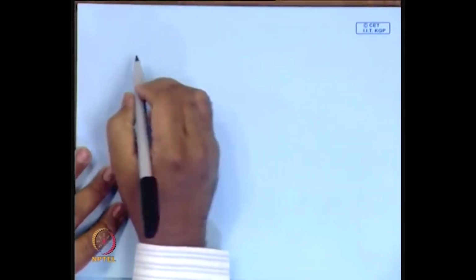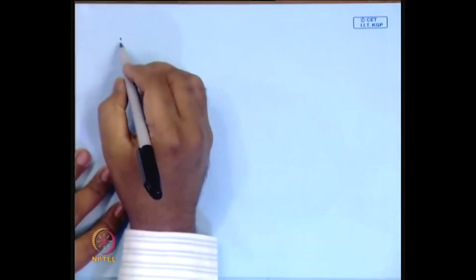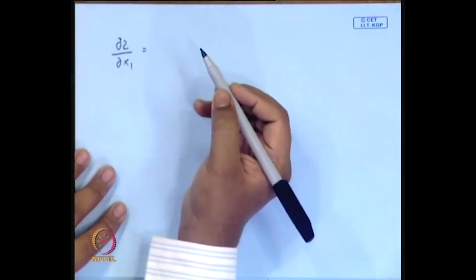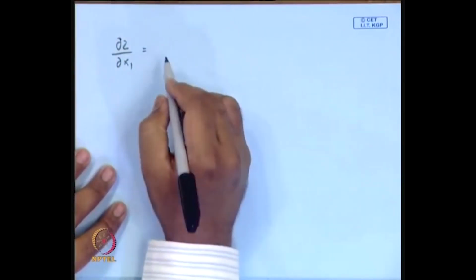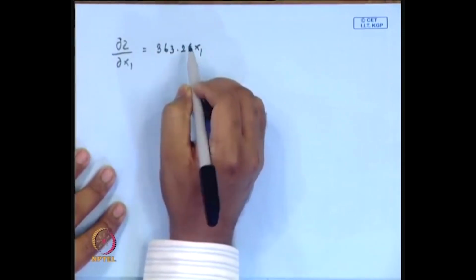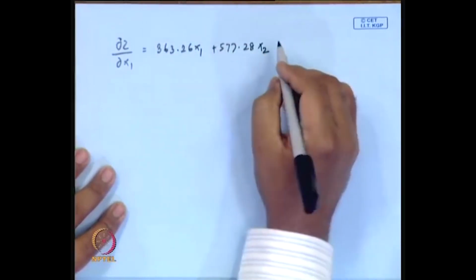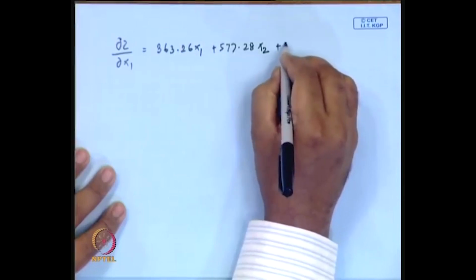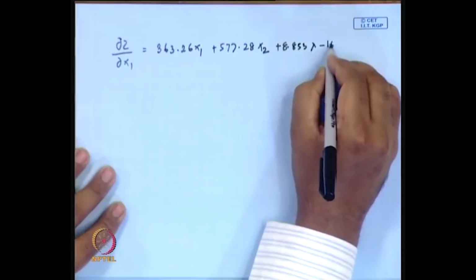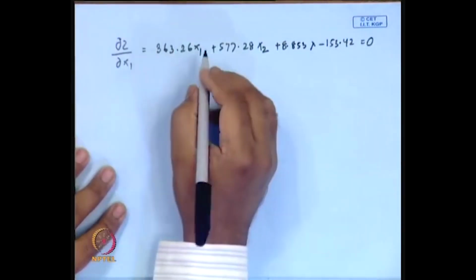Then, in the first case, we have to make the partial differentiation with respect to x1, then it will be 363.26 x1 plus 577.28 x2 plus 8.853 lambda minus 153.42 is equal to 0.